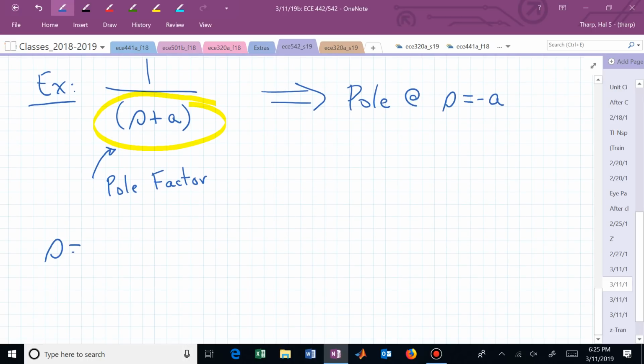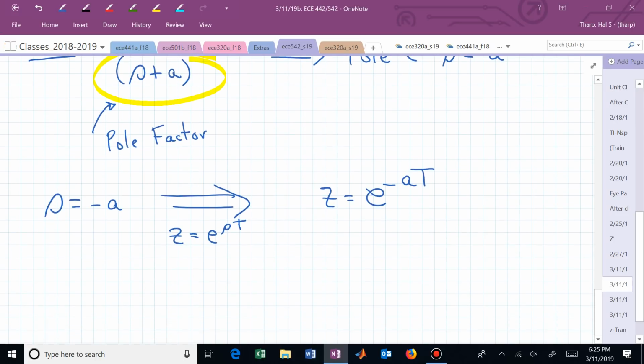If s is equal to minus a, then we can use this relationship to go from the s complex plane to the z complex plane. We now say that z is equal to e to the minus aT. We've replaced s with minus a.